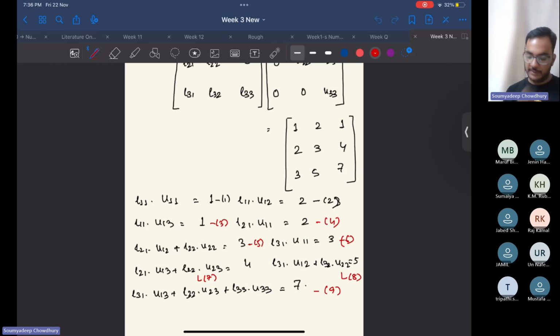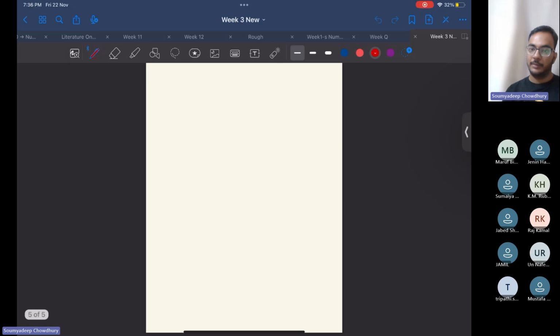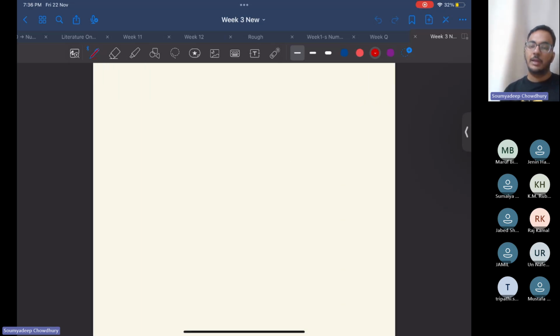That's why what we do is we think of the other method which we were doing previously, like your row elimination method, right?